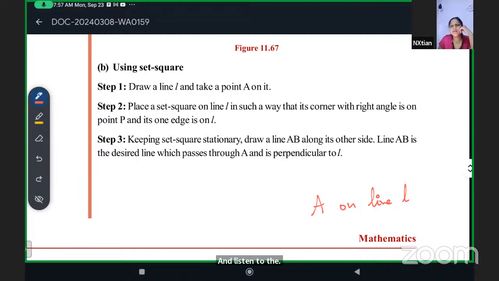Center also you can take. It's up to you. A on line L.